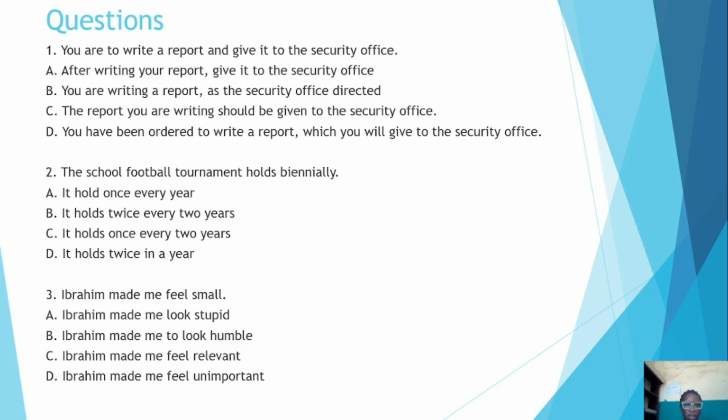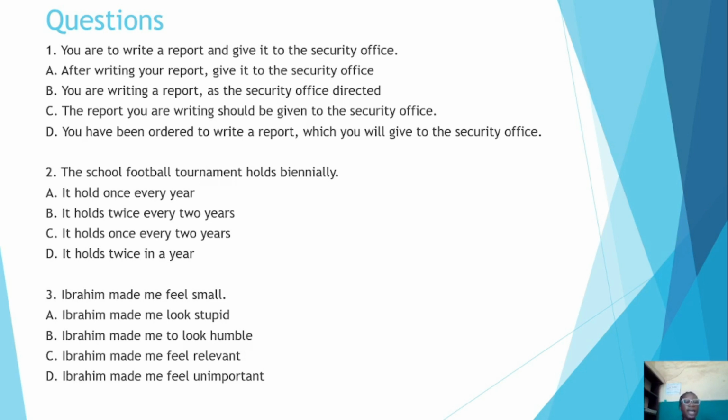No. That's not the meaning of biennially. So, that's wrong. Option C, it holds once every 2 years. This is the correct option. Option D, it holds twice in a year. This is wrong. The correct option is option C. An event that happens biennially holds once every 2 years. Now you see that knowing the meaning of this word is what helped us to answer the question.